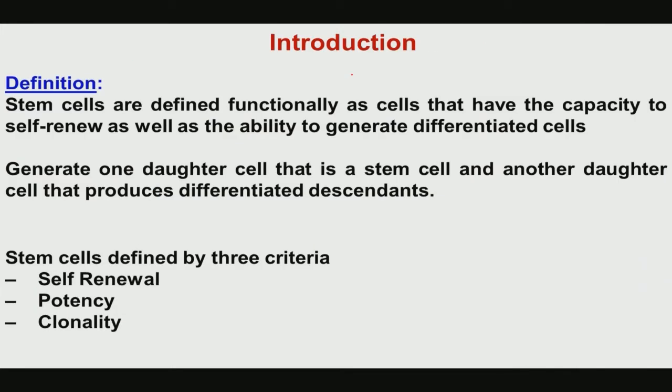So, this is a formal definition. Stem cells are defined functionally as unspecialized cells that have the capacity to self renew as well as the ability to generate differentiated or more matured cell types.